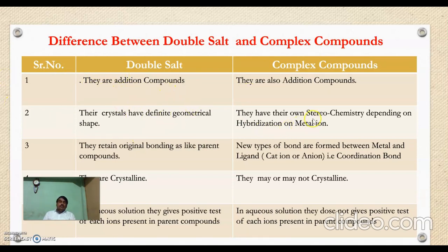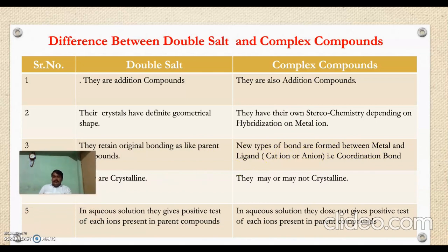They have their own stereochemistry depending upon the hybridization of the metal ion, for example octahedral, tetrahedral. In double salts, they retain original bonding like the parent compound. In the complex compound, a new type of bond is formed between metal and ligand, that is cation or anion, that is called a coordination bond.